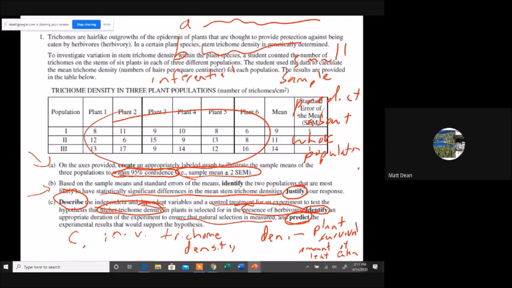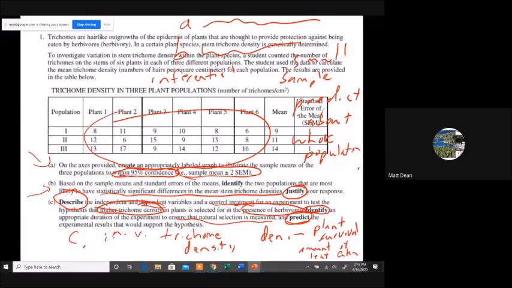The last part of this, or the second part of this question, identify an appropriate duration of the experiment to ensure that natural selection is measured. Now, the AP exam this year is not really dealing with evolution. That unit is removed from the test. But what you've got to realize is that individuals can't evolve. So the only way this experiment can measure if natural selection happened or not is if it happens over multiple generations.